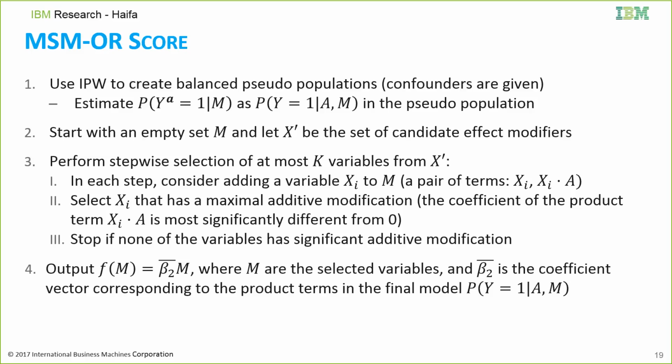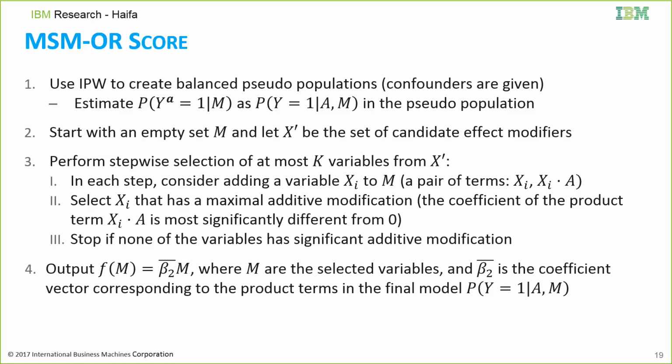We start with the empty set of covariates, and then iteratively, greedily actually, we add variables from a candidate set that we denote by X tab.